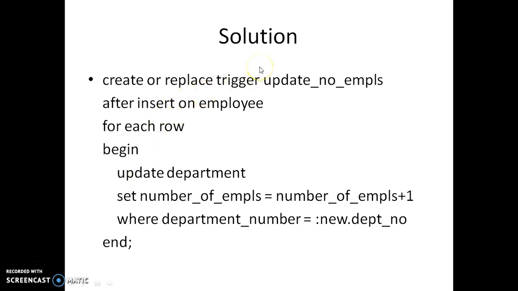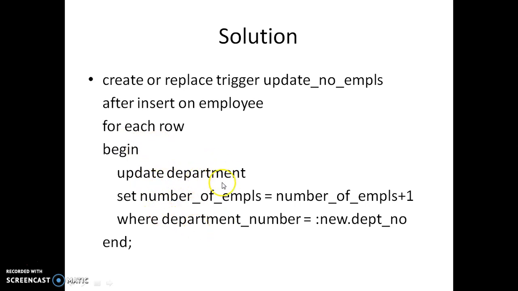So the solution to that scenario is, we create a trigger and it is going to get executed after an employee record is added. So it is an after insert on employee, and it is a row level trigger, because if we insert 4 employees in the employee table, then the departments they belong to all have to have their number of employees updated. So this is a row level trigger. And what is the action that we need to do?